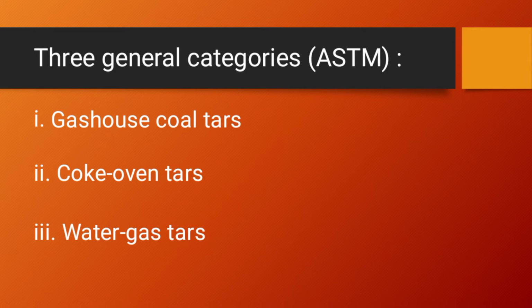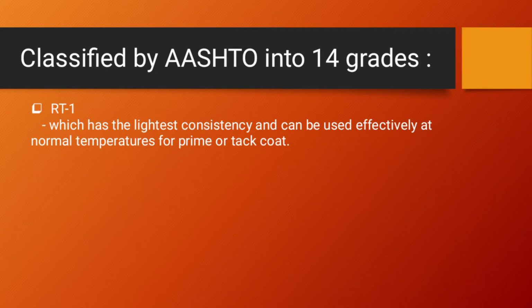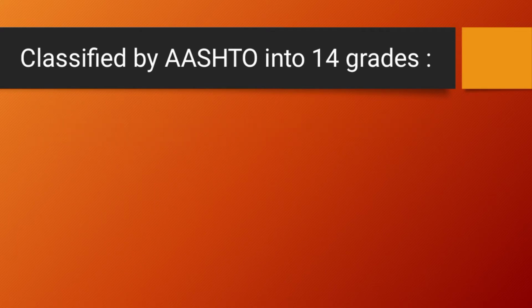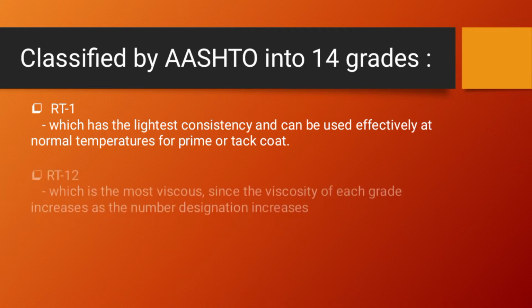Road tars have also been classified by AASHTO into 14 grades: RT1 through RT12, RTCB5, and RTCB6. RT1 has the lightest consistency and can be used effectively at normal temperatures for prime or tack coat.